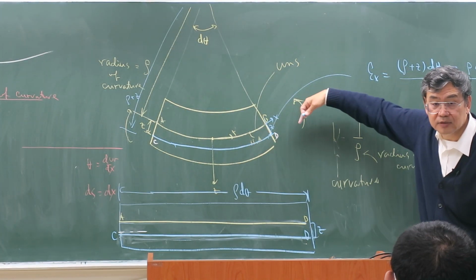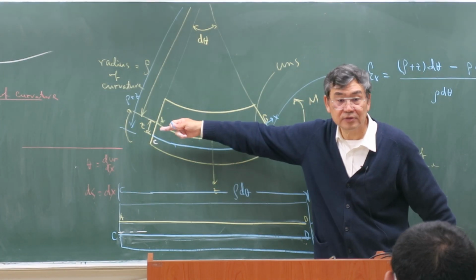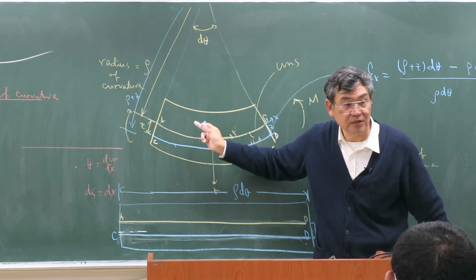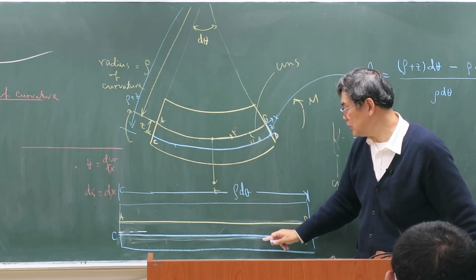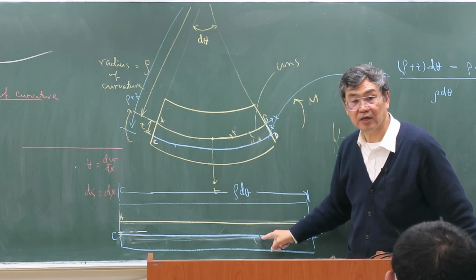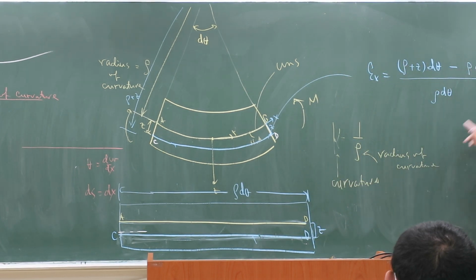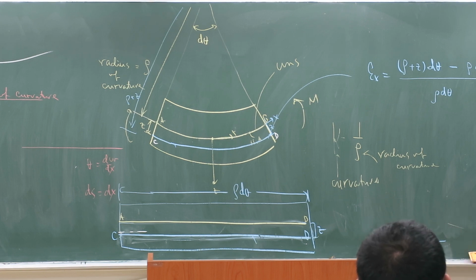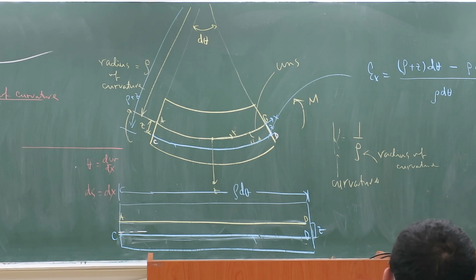So the arc length is equal to rho plus z d theta. Subtract its original length, rho d theta, and that gives the strain of this fiber. Understand?